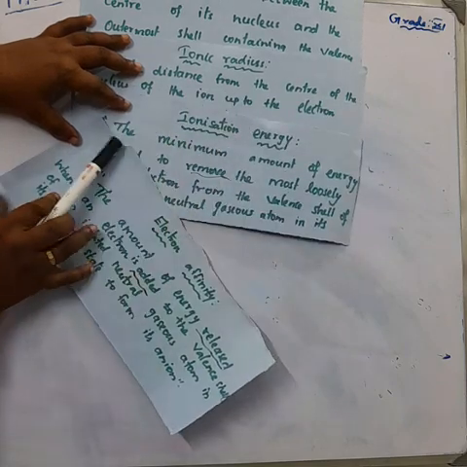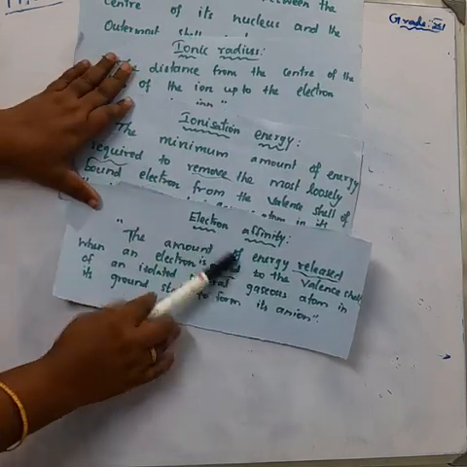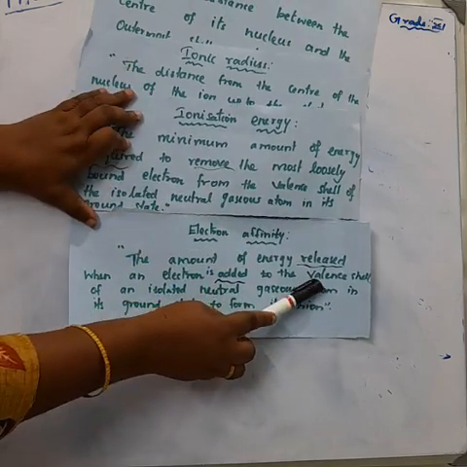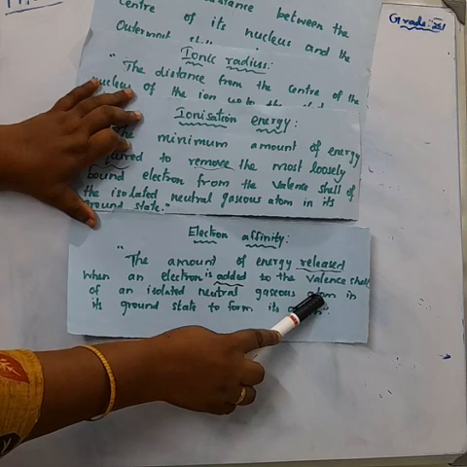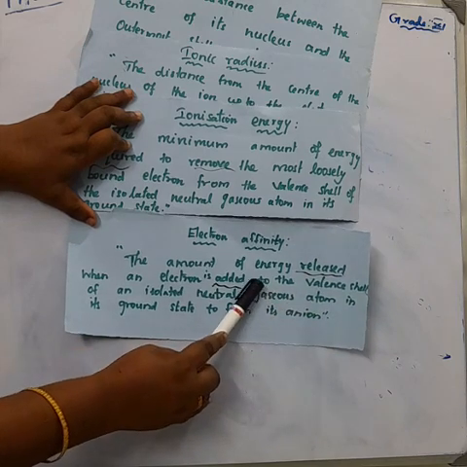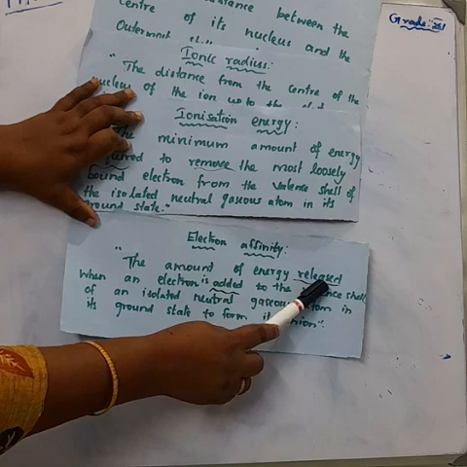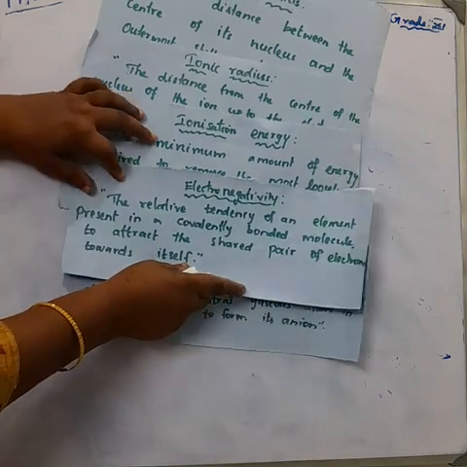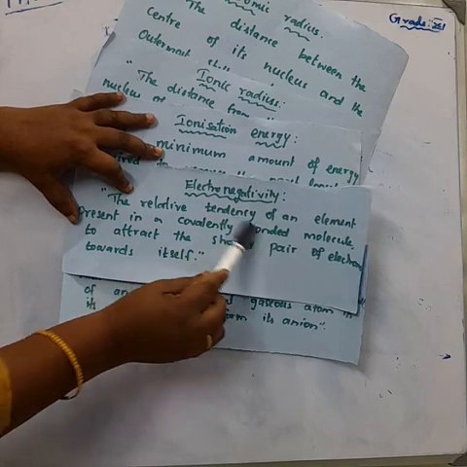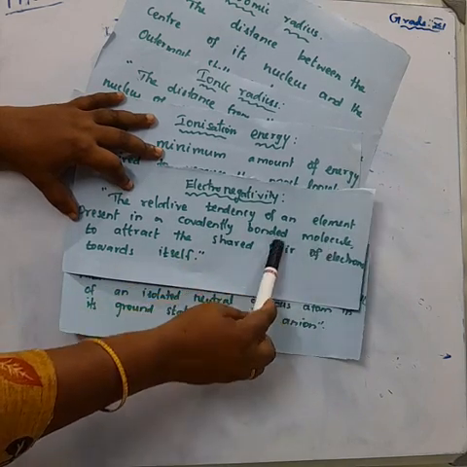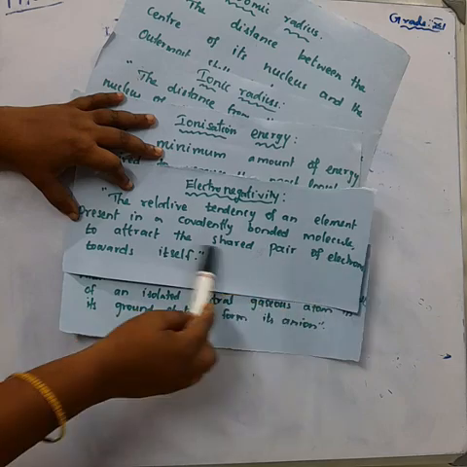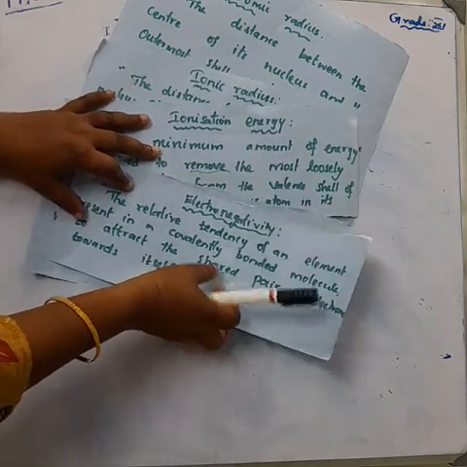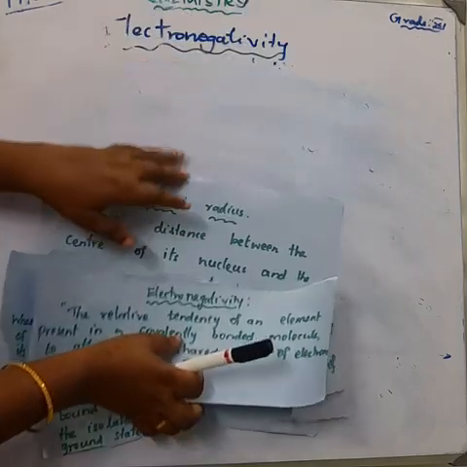When an electron is added to the orbitals, an amount of energy is released. Okay, these are about the electron affinity and ionization energy. What do you mean by electronegativity? It means the tendency of an element present in a covalently bonded molecule to attract the shared pair of electrons towards itself. That is called electronegativity.